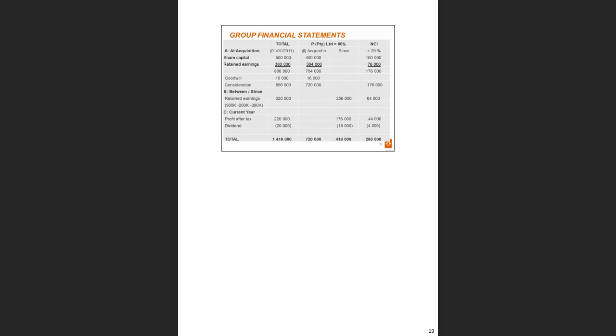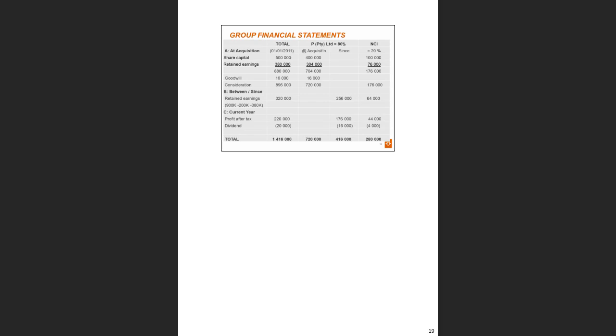So do you agree, if we look at C here, the post-acquisition retained earnings relating to the current year is 200,000. It is calculated by taking the profit after tax of 220,000 less the dividends of 20,000. Okay. So the post-acquisition profits for the current year is 200,000.